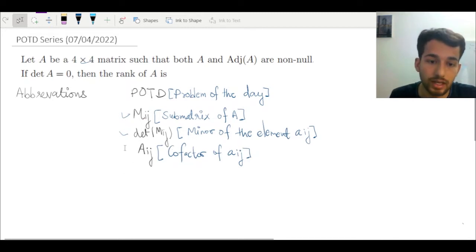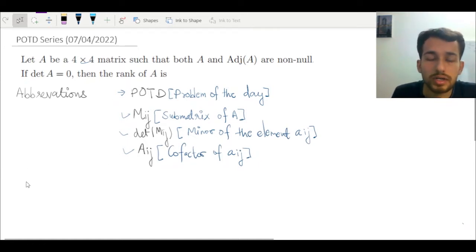And finally, capital Aij denotes the cofactor corresponding to the element small aij. And this abbreviation is basically a shorthand for our new series in which we are going to discuss the problems every alternate day. So let's begin with the problem.